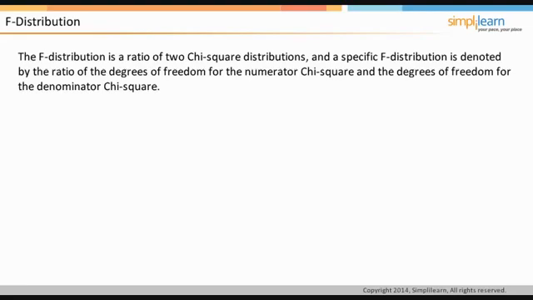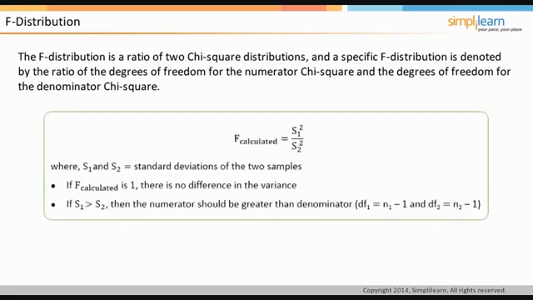The f-test is performed to observe if the standard deviations or variances of two processes are significantly different. The project teams are usually concerned about reducing the process variance. As per the formula, f calculated equals s1 square divided by s2 square, where s1 and s2 are the standard deviations of the two samples.